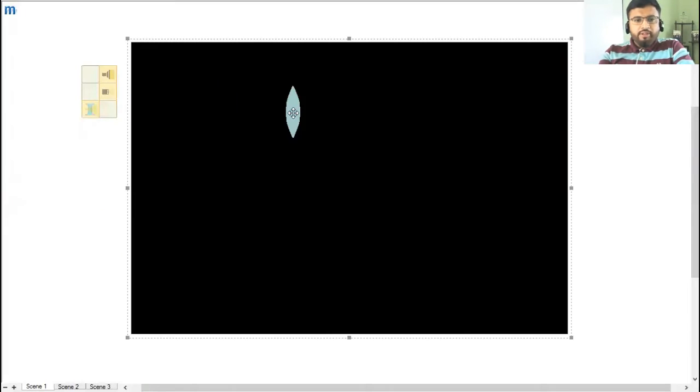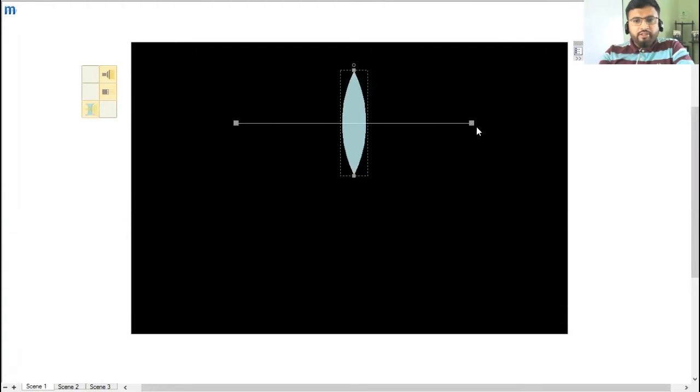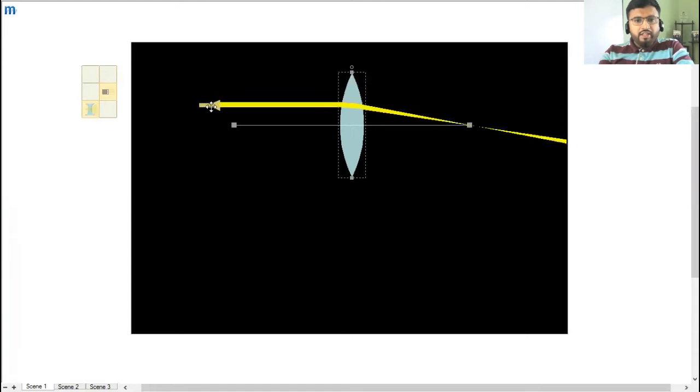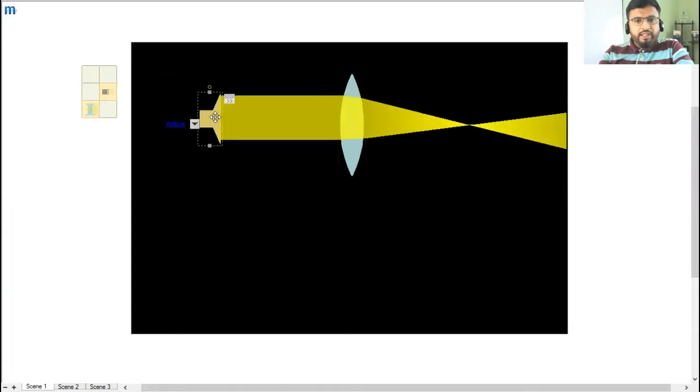For example, over here, I have a convex lens with me and I am increasing its focus point. The gray squares which you are observing in the figure represent the focus point. And if I direct a beam of light through this lens, it gets converged at a single point.